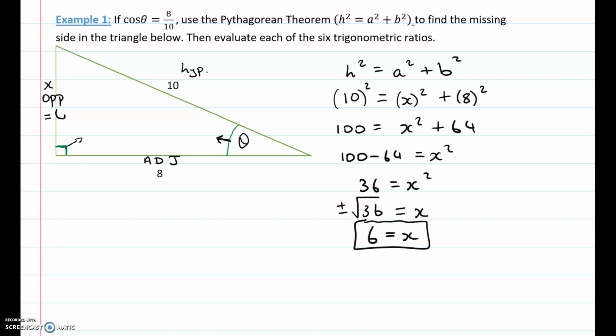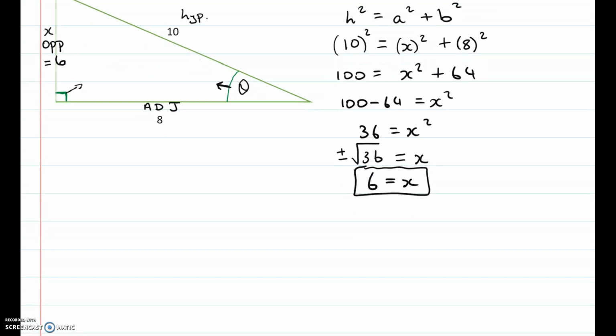Okay, and now we know the three sides. So now what we have to do is evaluate each of the 6 trigonometric ratios. So the 6 trigonometric ratios are going to be sine of theta, cosine of theta, which we already know. We already know that that's 8 over 10, so we don't need to do any more work on that one.